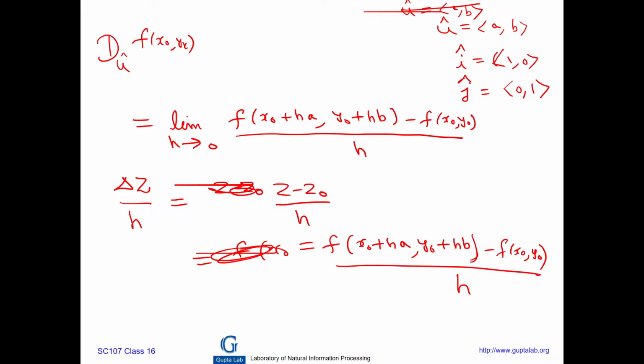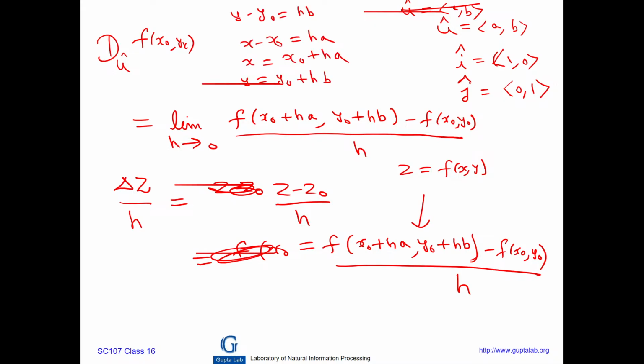I've just substituted, because z is f of x comma y. I used that x minus x naught equals ha, so x is x naught plus ha. Similarly, since y minus y naught equals hb, y is y naught plus hb. I have substituted those values here, so we get this formula.